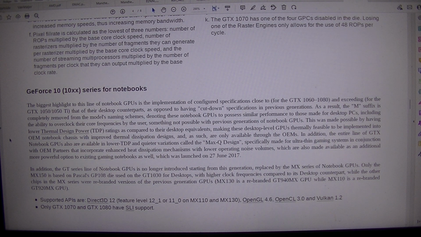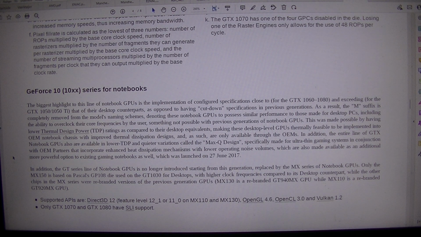In addition, the entire line of GTX notebook GPUs is also available in lower TDP and quieter variations called the Max-Q design, specifically made for ultra-thin gaming systems in conjunction with OEM partners that incorporate enhanced heat dissipation mechanisms with lower operating noise volumes, which are also made available as an additional, more powerful option to existing gaming notebooks as well, launched on the 27th of June 2017.